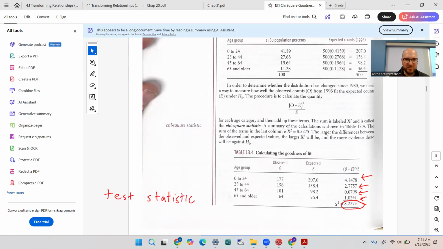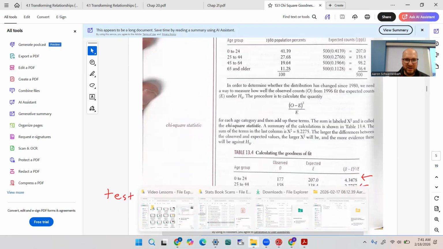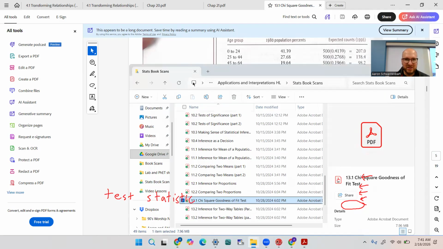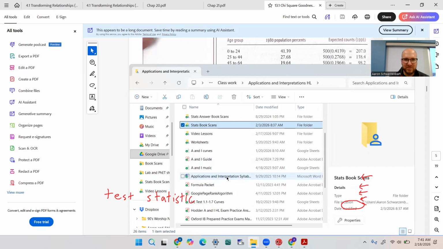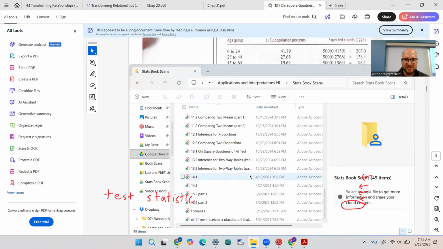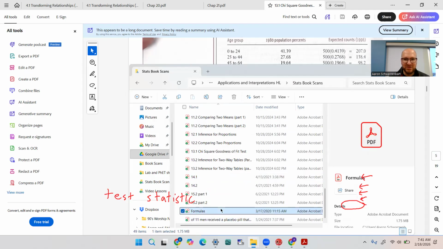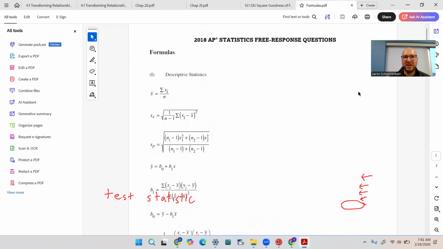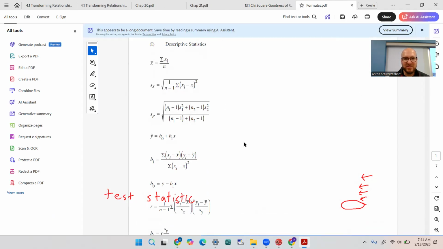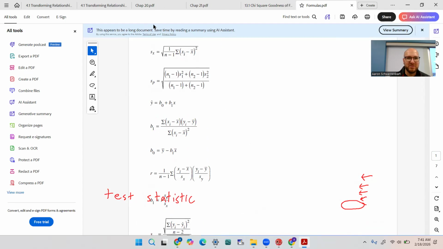If we want to actually find that, hold on, let me get the chi-square table. If we want to find that, we need to look at our chi-square table.